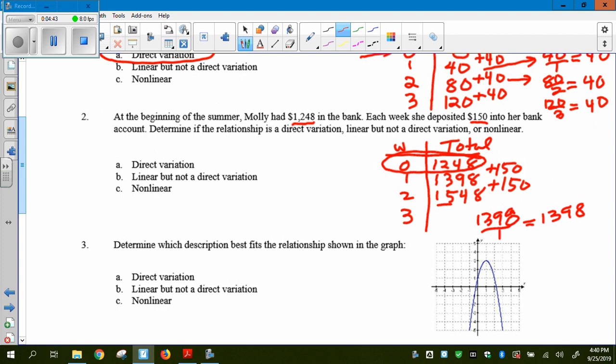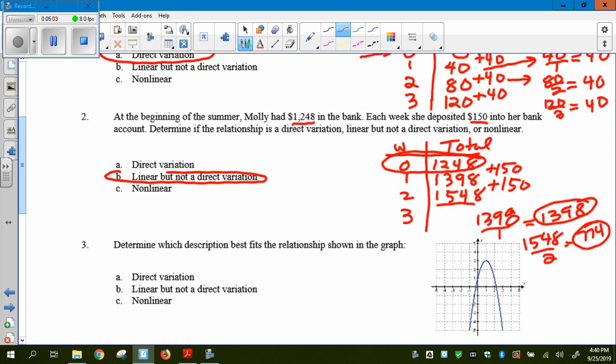If you divide the next amount, 1,548 by 2, that equals 774. Notice that those ratios do not have the same value, so this is not proportional. But it is linear, so we're going to say B. This is linear, but not a direct variation.